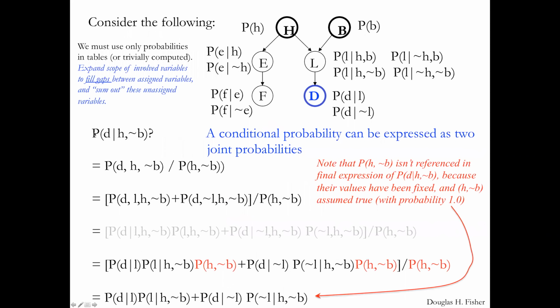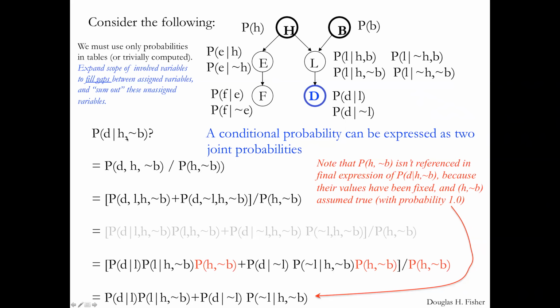Here's another example of a conditional probability, the probability of D given H and B. A conditional probability can always be represented as a ratio of two joint probabilities: the joint probability of all of these value assignments, divided by the joint probability of simply the conditioning variable assignments.